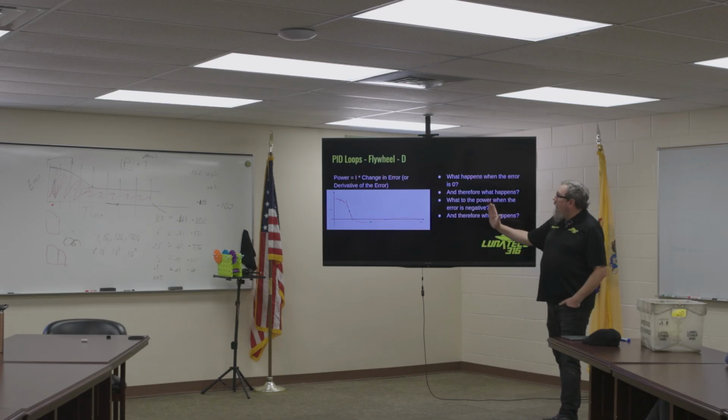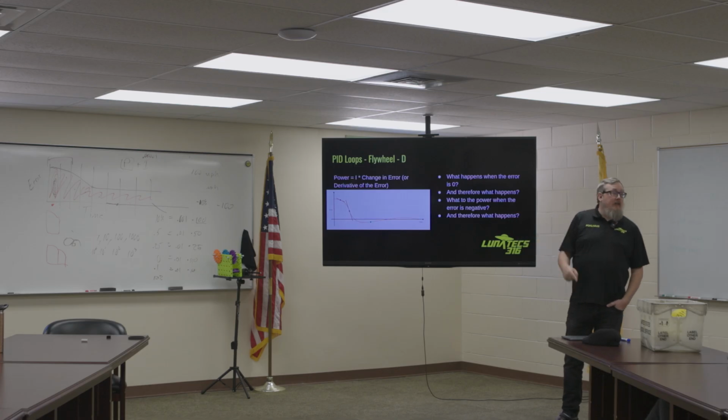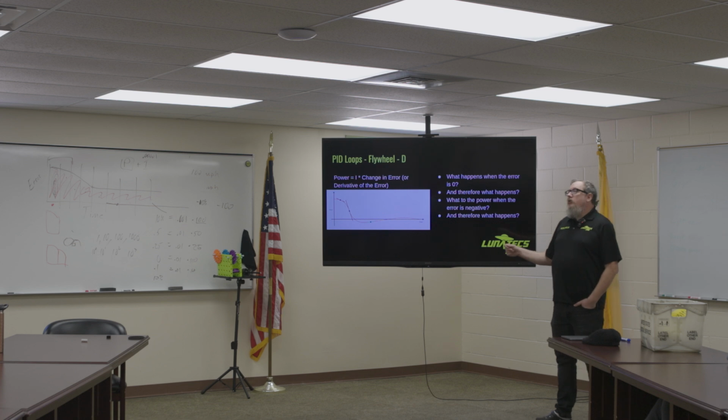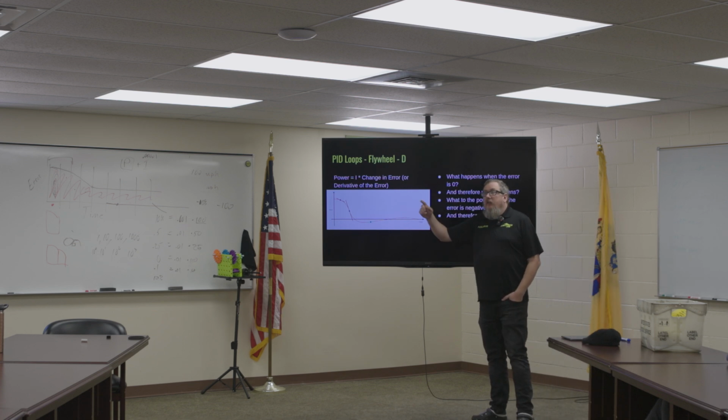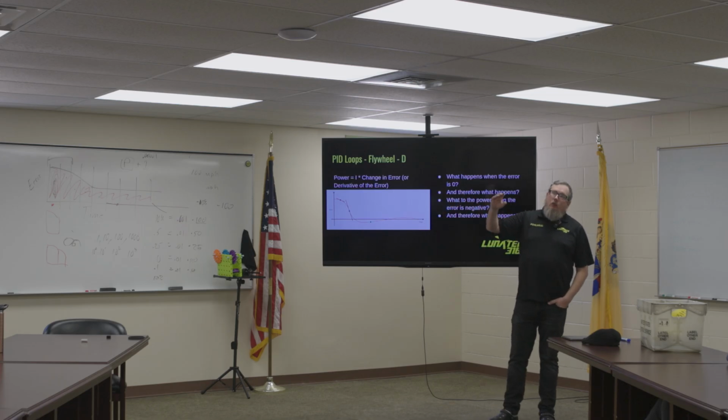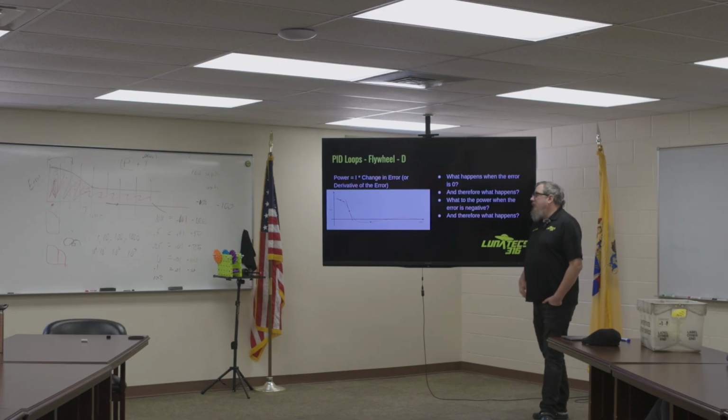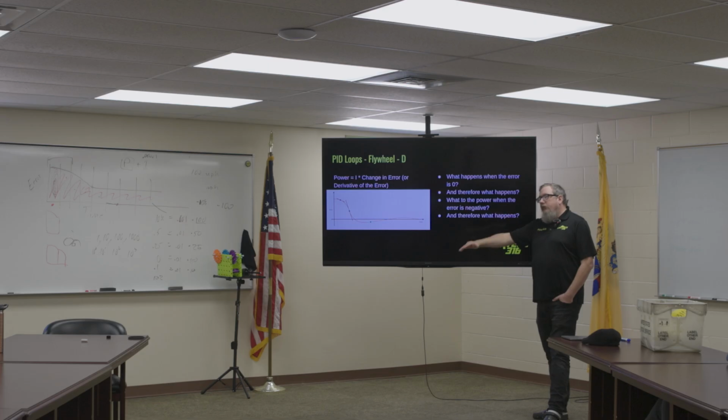And when that slope increases, you know that your change is happening very rapidly, right? So we can control the change at which we apply power by using D. So if it's changing too rapidly, we can increase the D and it will slow it down, so it doesn't change as rapidly. Does that make sense? It can lead to a more smoother transition.